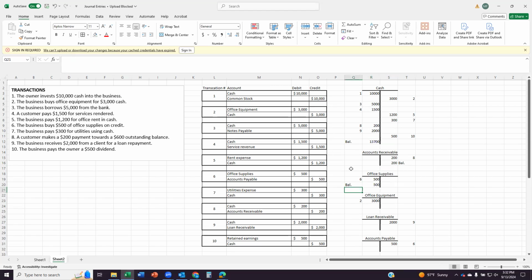Office supplies has a debit balance of 500. Office equipment has a debit balance of 3,000. The loan receivable has a credit balance of 2,000 and so forth.